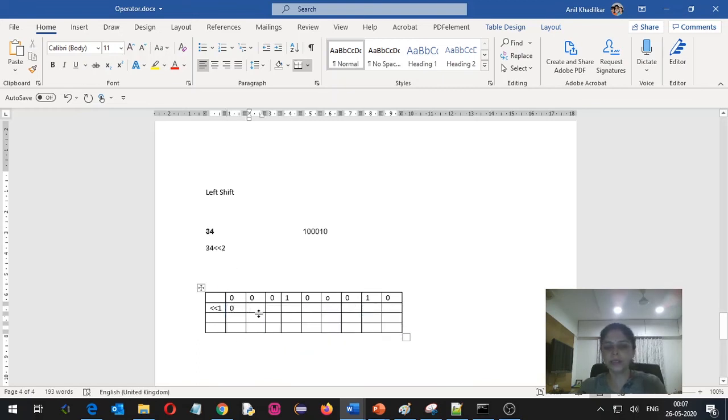This 0 will get shifted one location to the left. This 1 will get shifted one location to the left. So every bit is getting shifted one location to the left. You can see here 1 will come here and 0 will come here. Now this is the extra location where 0 will get added.